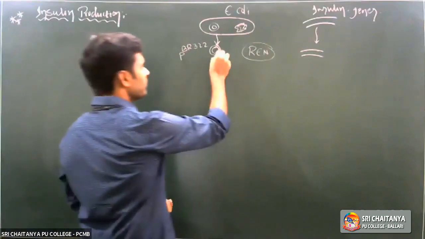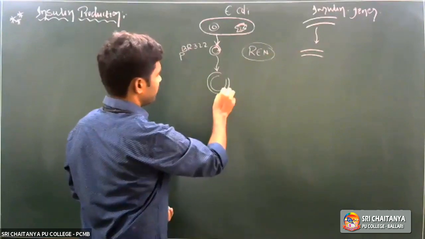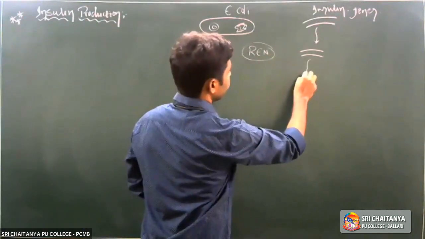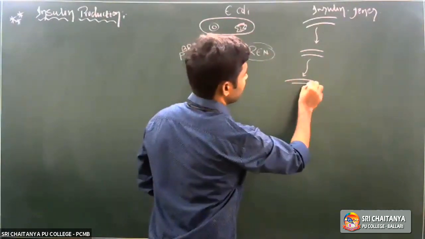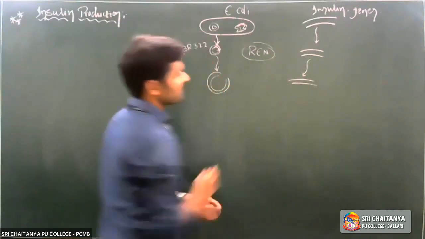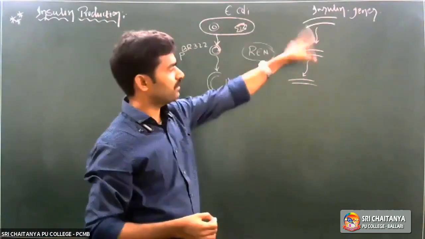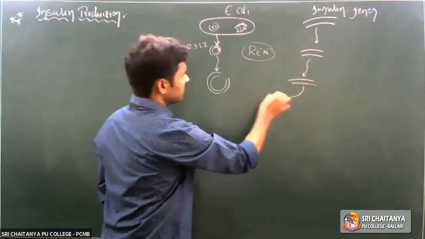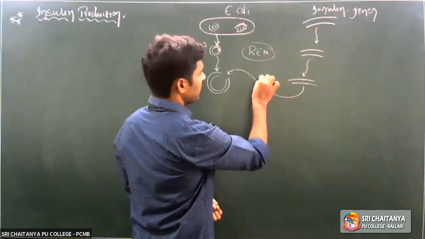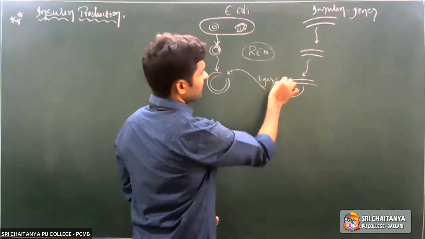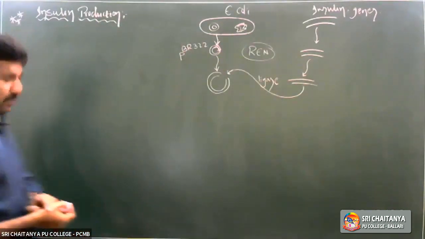This results in the formation of the same type of sticky ends in both the pBR322 vector and the insulin gene. Then the insulin genetic material is inserted into the pBR322 vector by using DNA ligase enzyme.